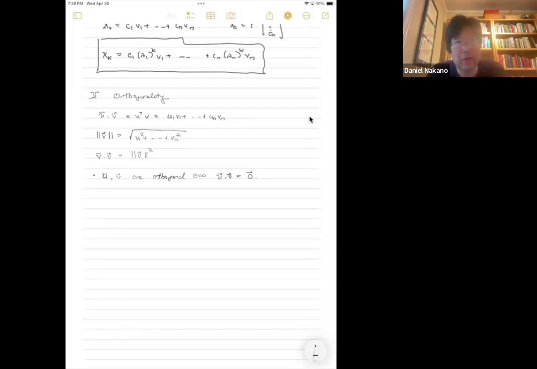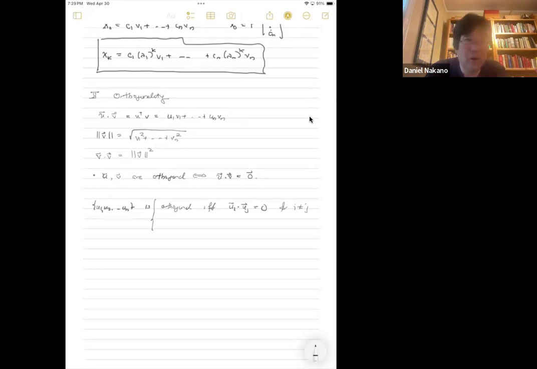And then you can extend this to sets. So a set u1, u2, up to un is orthogonal if and only if ui dot uj is 0 for i not equal to j. So basically, if you look at different vectors in that set, you want them to be perpendicular to one another.